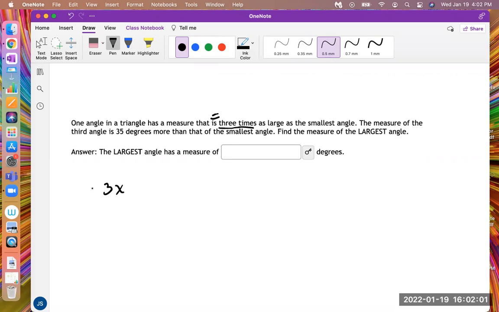So we can say the largest angle, and if we want, we can set another variable, y, for the largest angle and x for the smallest angle. We get to define those variables.